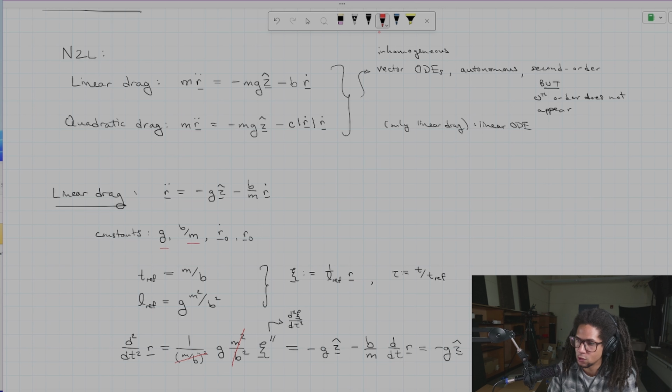So these two cancel with this one. Then the g's on the two sides also all cancel. So when all is said and done, I have c double prime is equal to minus z hat minus c prime. And that's all there is.